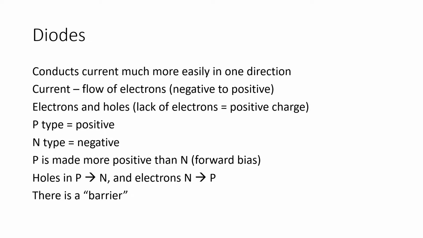So there are fewer electrons, meaning that there are more holes. Holes mean more positive, and therefore this is a p-type material.